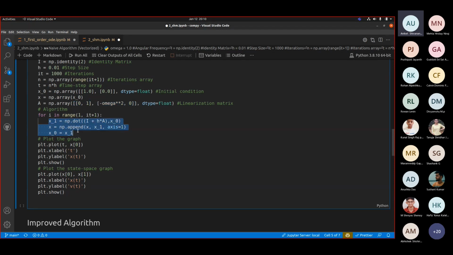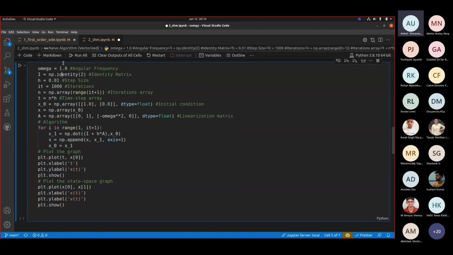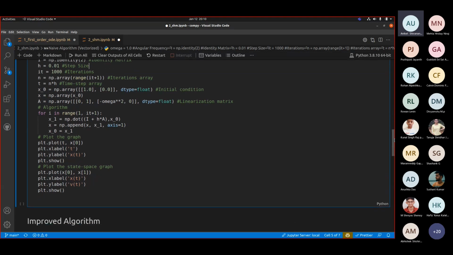Again this reduces to 3 statements because I've vectorized it. I also need to declare an identity matrix, since 1 will not work. You can declare an identity like np.identity(2). It will give you a 2 cross 2 identity matrix like I showed you yesterday.